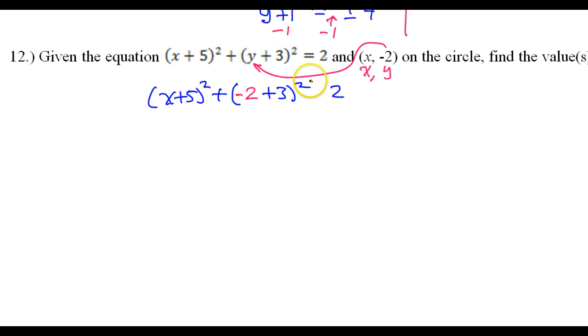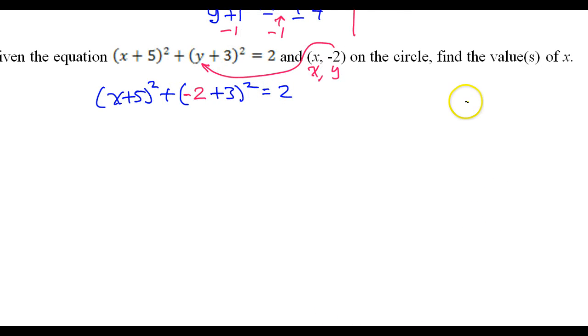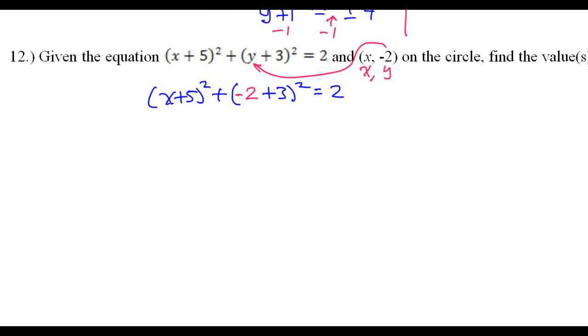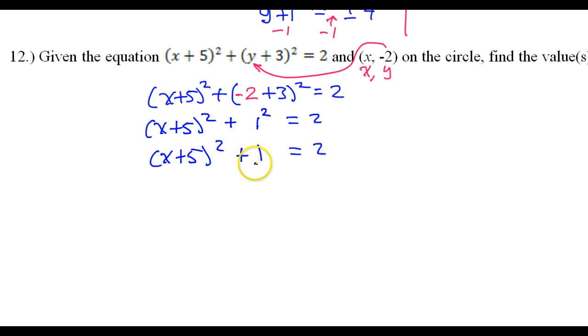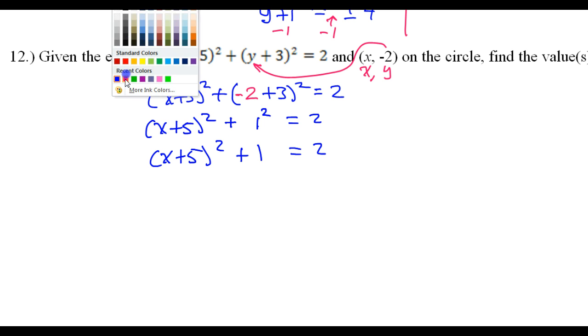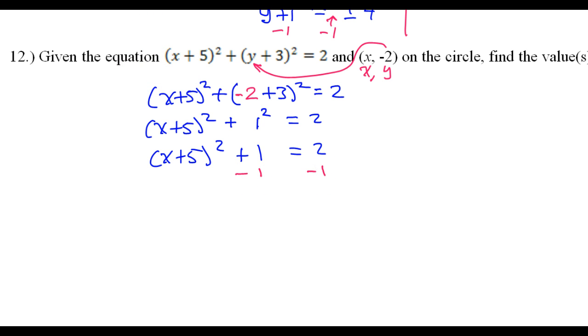Hold on, that's a little messy. This only has one variable in it, so I should be able to solve for x like I'm supposed to. So that's going to give me x plus 5 squared plus negative 2 plus 3 is 1. So this is just 1 squared. Of course 1 squared is just 1. And then I need to subtract 1 from both sides. So that's x plus 5 squared is equal to 1.